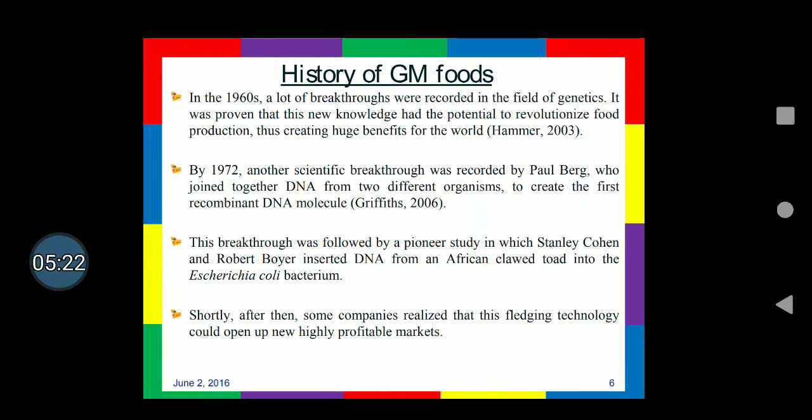This breakthrough was followed by the pioneering study of Stanley Cohen and Robert Boyer, who inserted DNA from an African toad into E. coli bacterium. Shortly after this, some companies realized that this fledgling technology would open new and highly profitable markets.